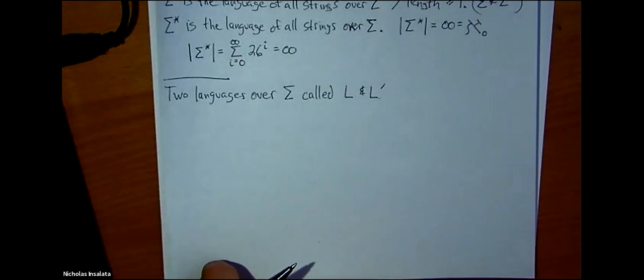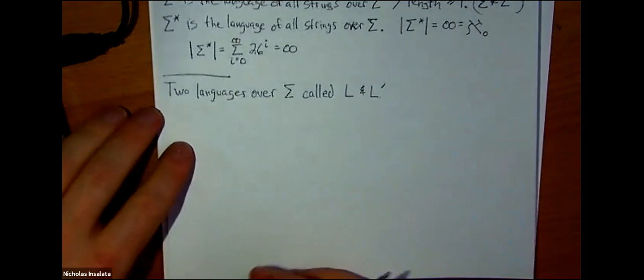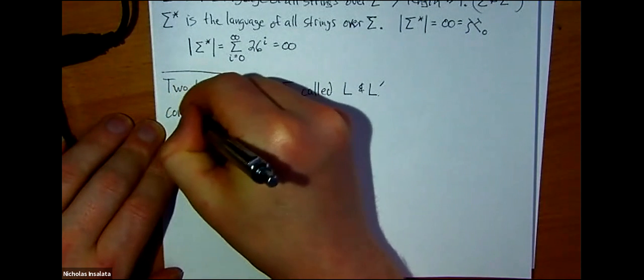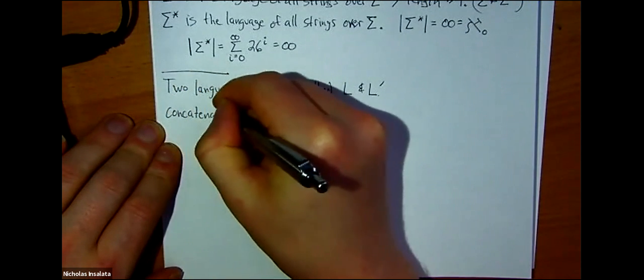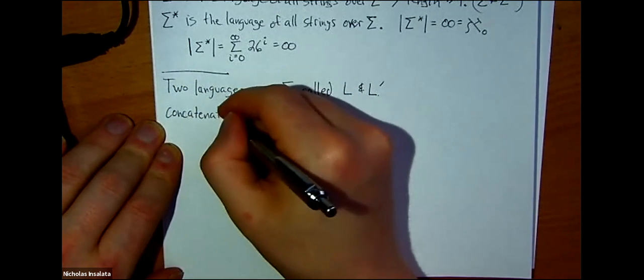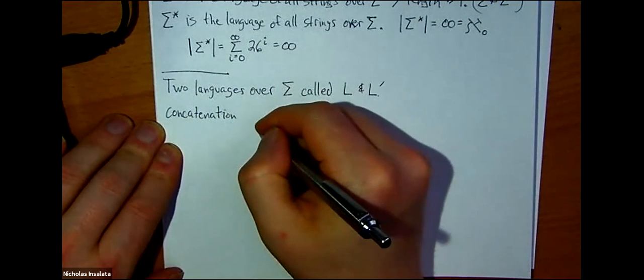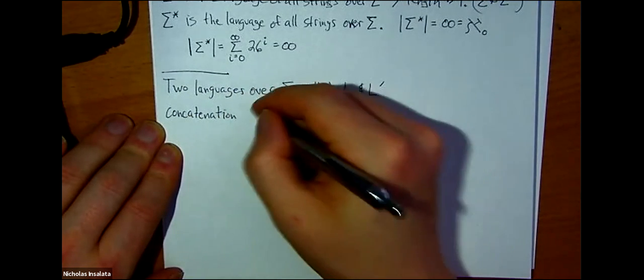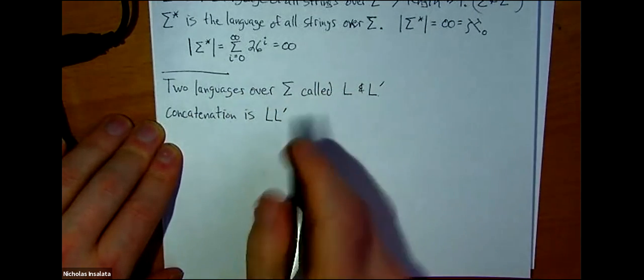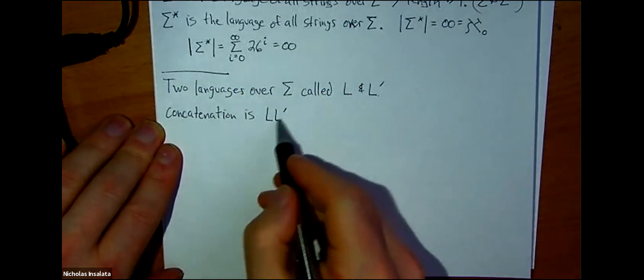The concatenation is denoted LL prime. So you just put one language after the other, right? It's kind of like multiplication a little bit.